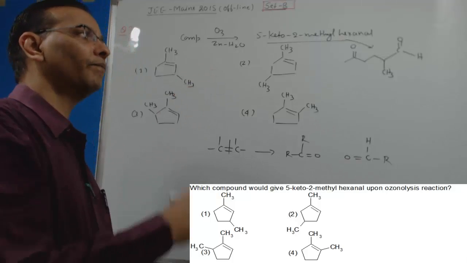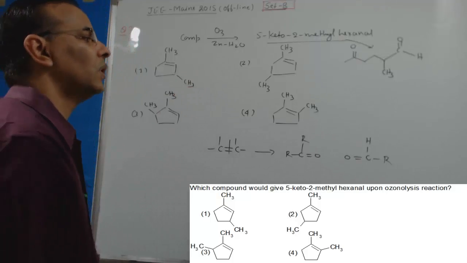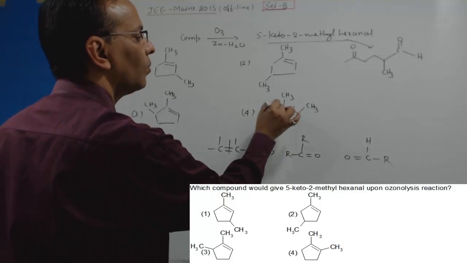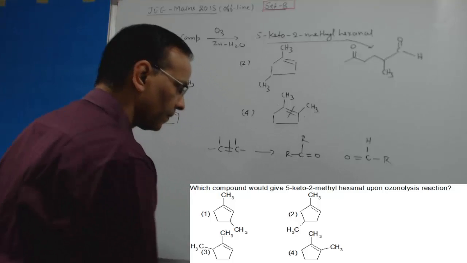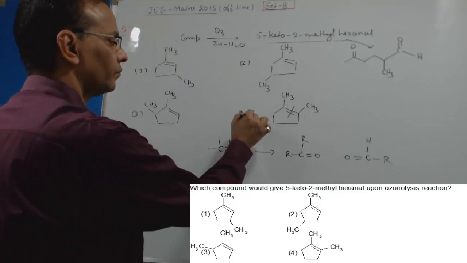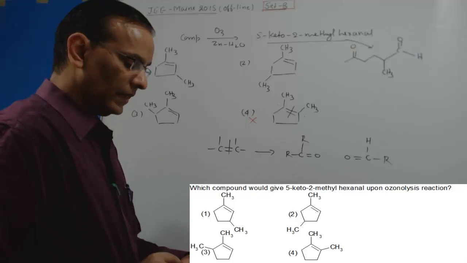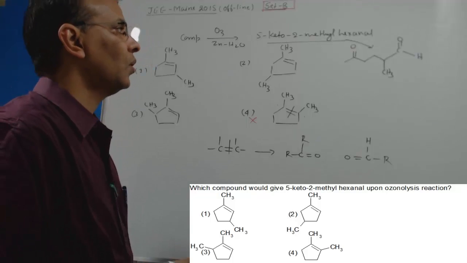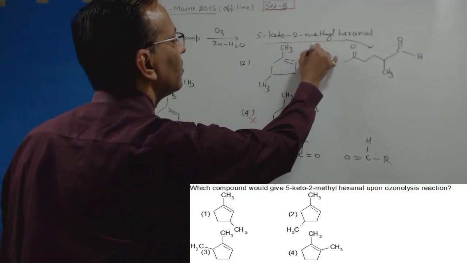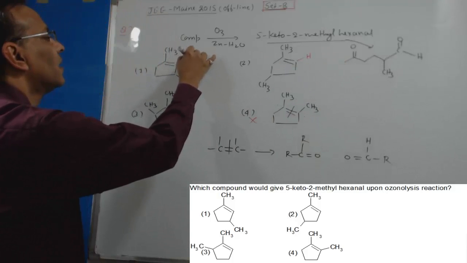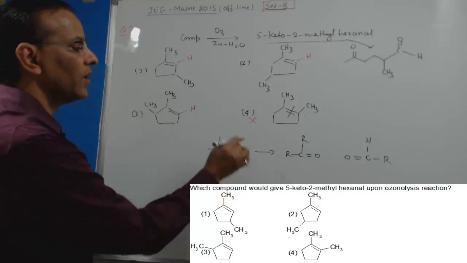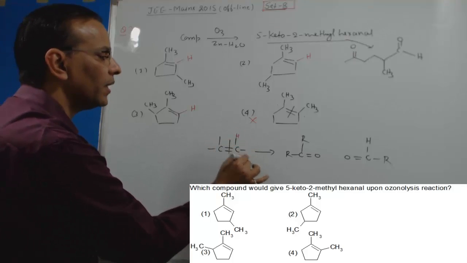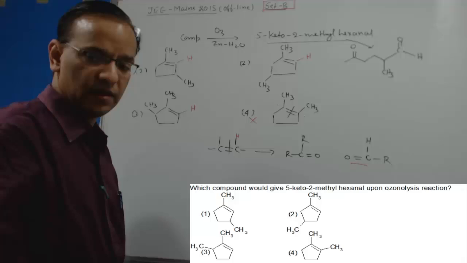It's an aldehyde. This one will give ketone on both ends, so this is ruled out first. Then, if we highlight the hydrogen at the double bond, we have hydrogen here, and the carbon at which we have hydrogen gets converted into aldehyde.